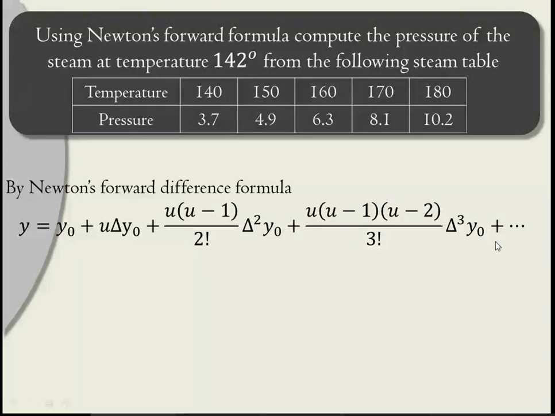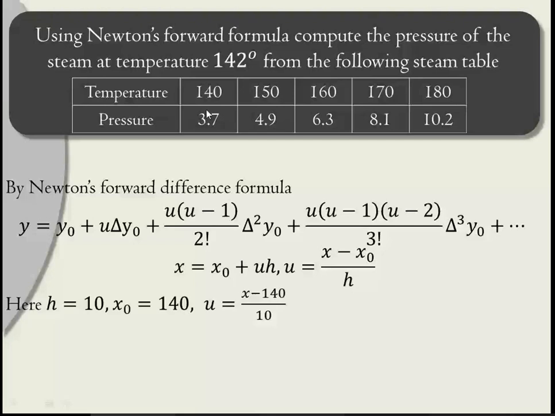Now what is u, what is h? x is nothing but x0 plus uh, that is, u is given by the standard formula (x minus x0) divided by h. x0 means this first value. h is the difference between any two successive values of x, that is 10. So h is 10, x0 is 140. So u becomes (x minus 140) by 10. We can put that value of u into these formulas.